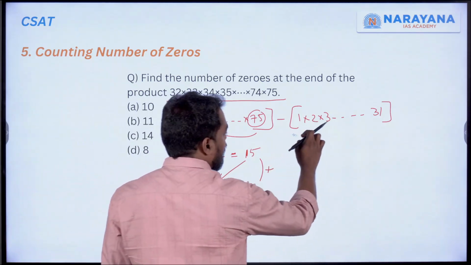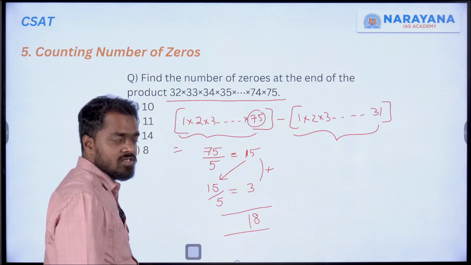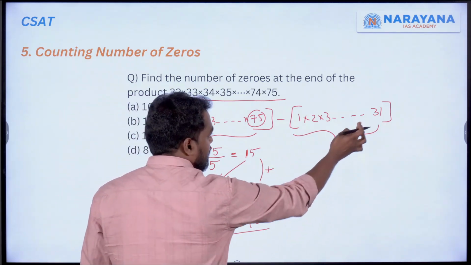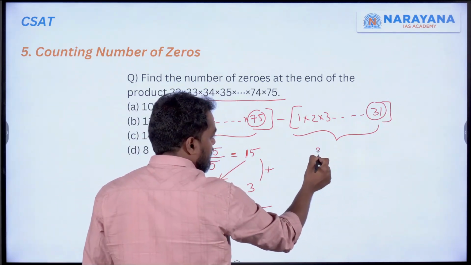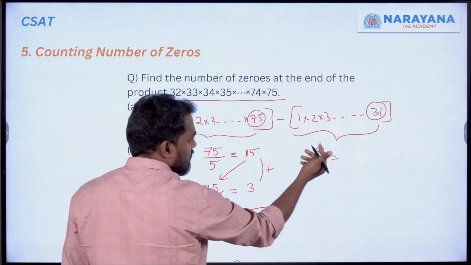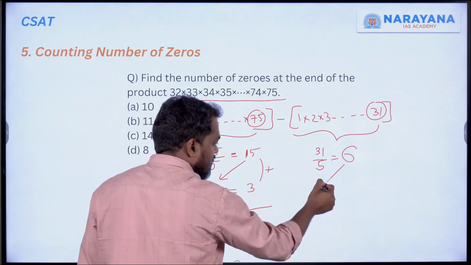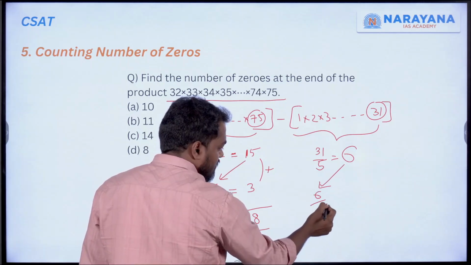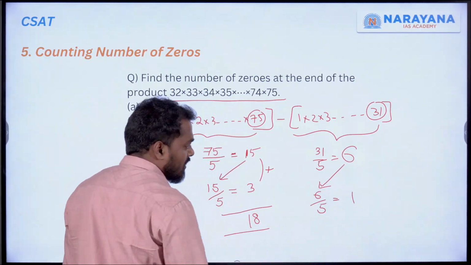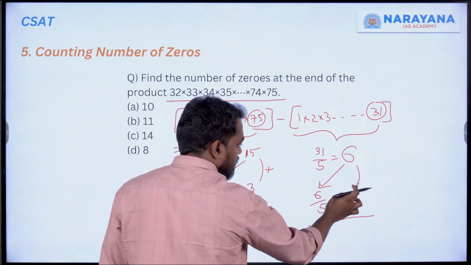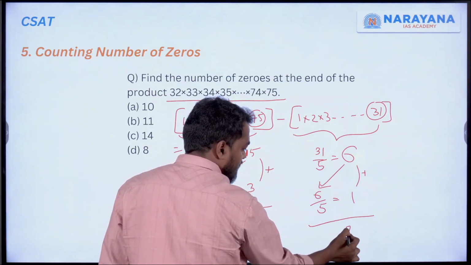Now from the 1 to 31 product, what are the total number of zeros? Take the highest number, 31, and divide it by 5. Five sixes are 30, remainder is 1, but that will not matter. So take again 6 divided by 5, so 1. That is nothing but 6 plus 1, which is 7 zeros.